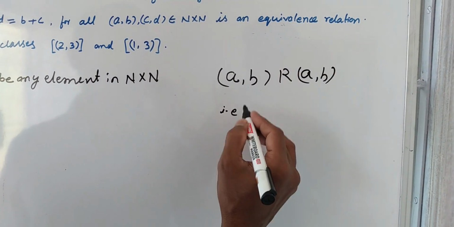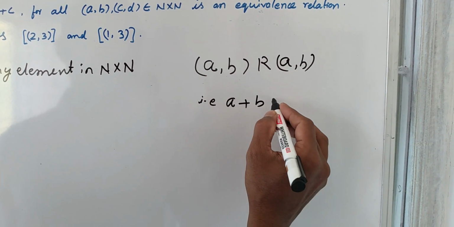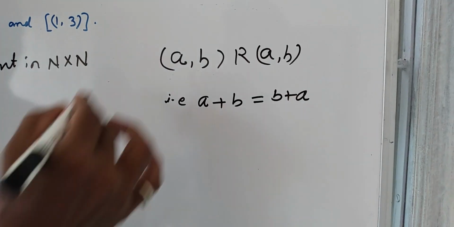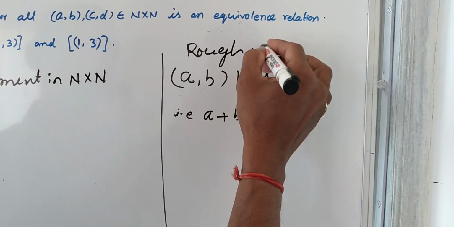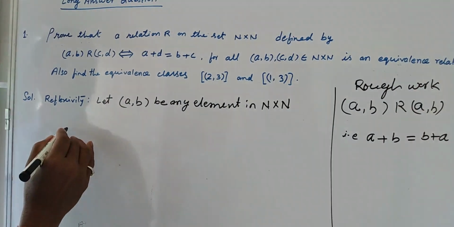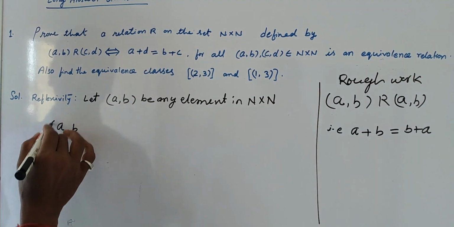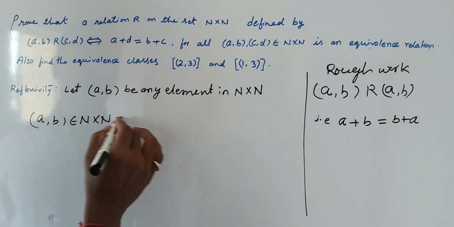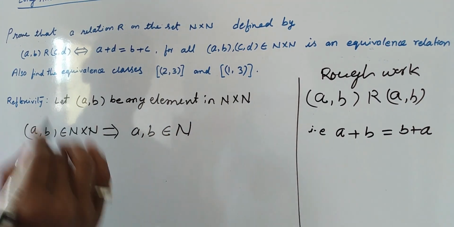That means what we have to prove? A, the first component, and then the second component: a plus b equals b plus a, and a and b are natural. So this is your rough work, you can say. Now, (a, b) belongs to N cross N. This implies a and b are members of natural numbers.